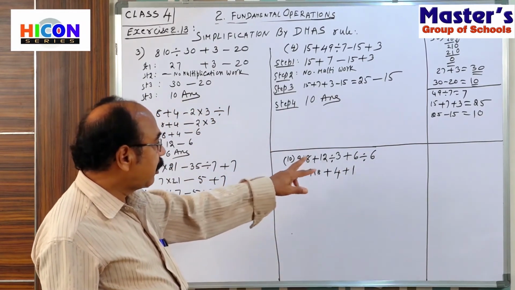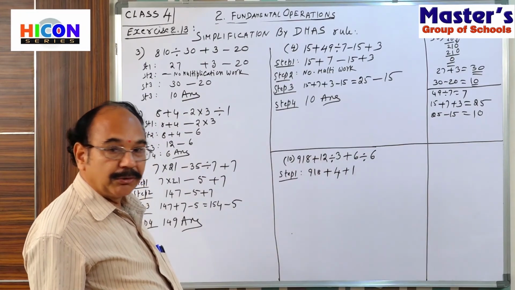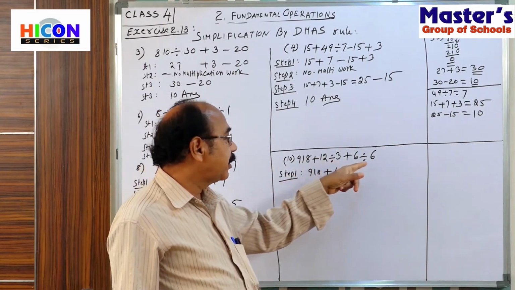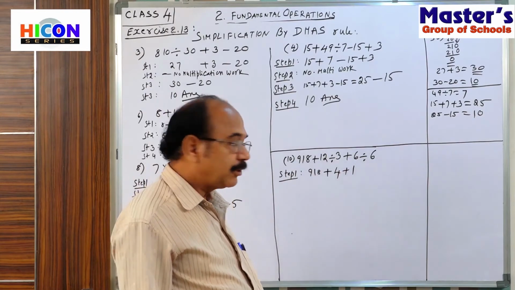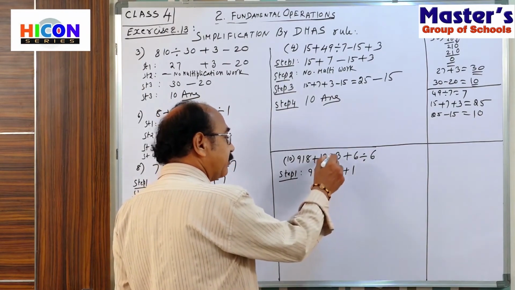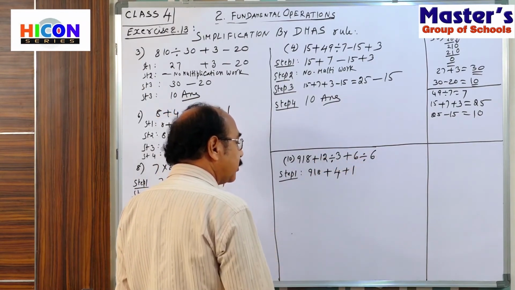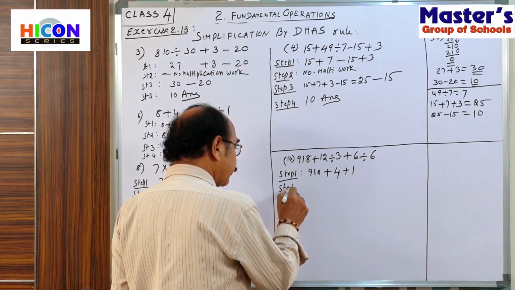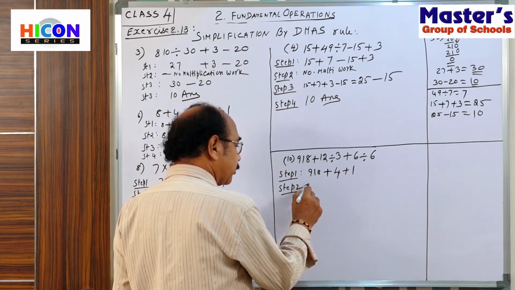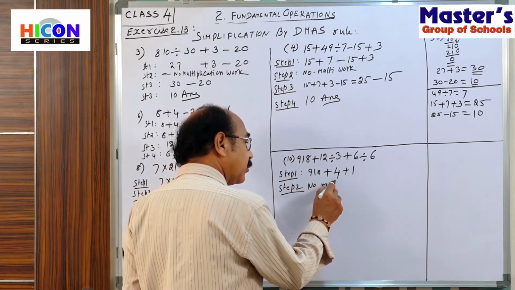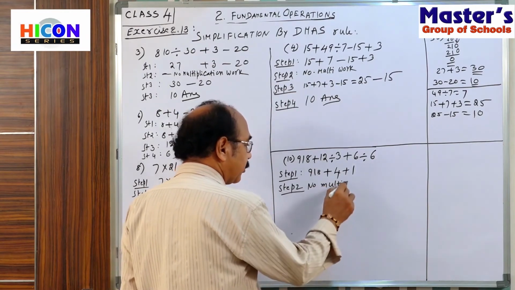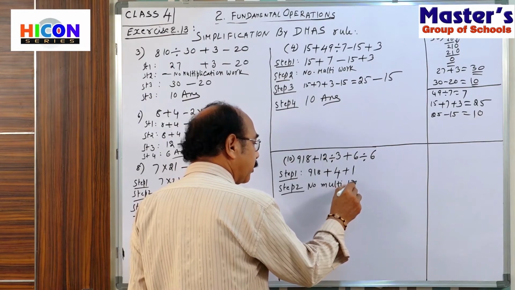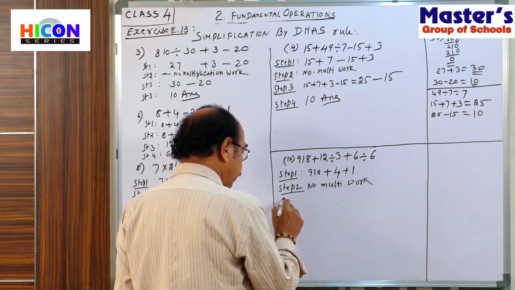In the problem there are 2 divisions, one in the beginning and one at the last. Step 2, no multiplication.